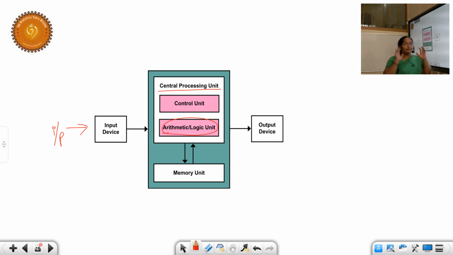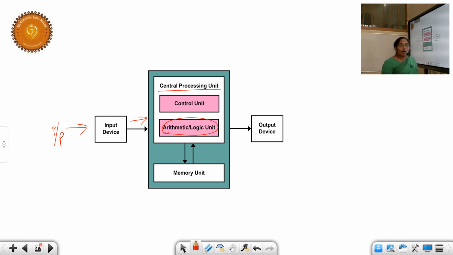So we should make sense of how all this process can be done by only giving the input. We are giving the input and the process is done by using the CPU. So how is the CPU working? It is working on the arithmetic or logical unit.